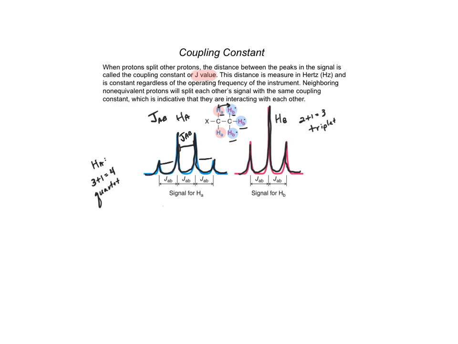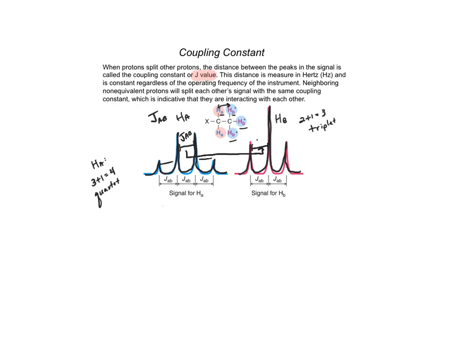We're also going to find the exact same J value, exact same distance, for the signal for HB as well. So this distance between peaks is going to be the same for protons that are splitting one another, okay? This distance is equal to this distance over here because HA and HB are interacting and they're sharing that exact same J value or coupling constant, okay?